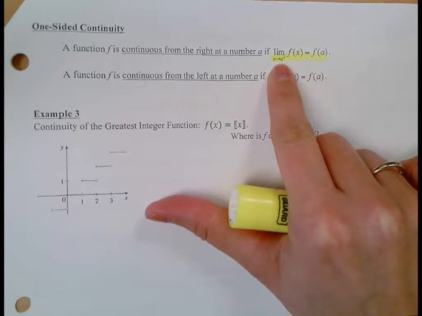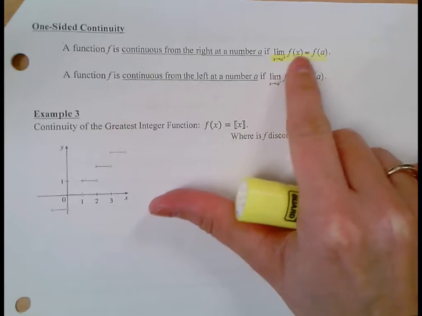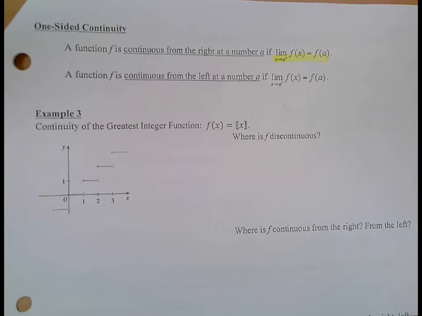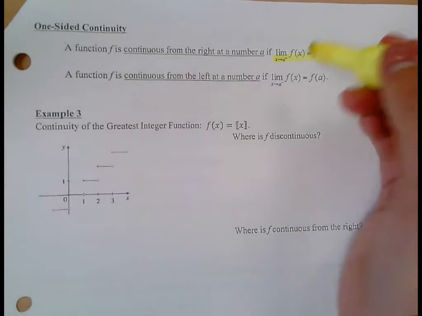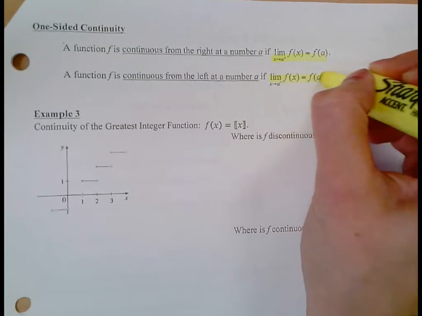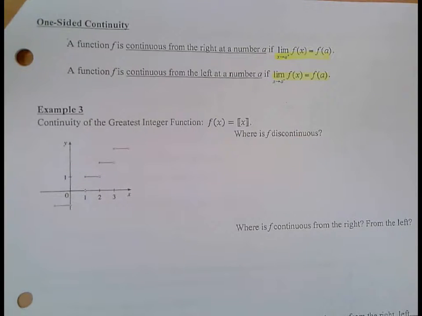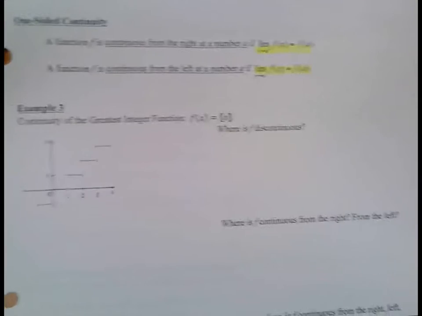So if the limit as x approaches a from the right of f of x equals the function value, then it's continuous from the right. Likewise, from the left, if the limit from the left is equal to the function value.